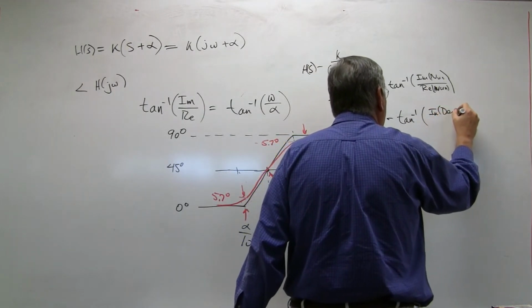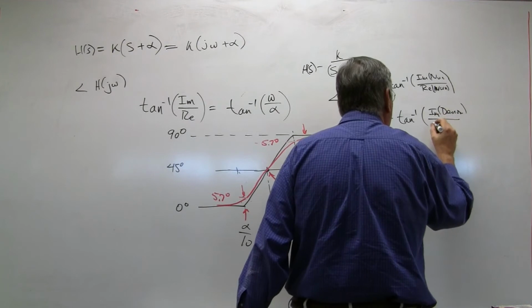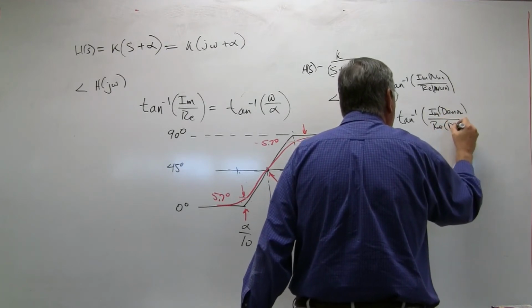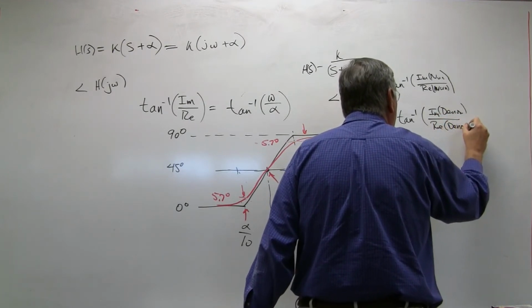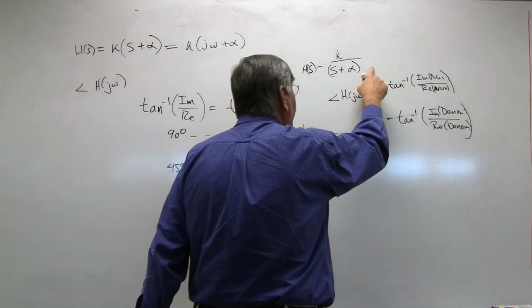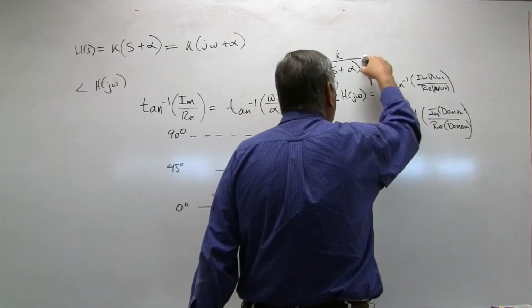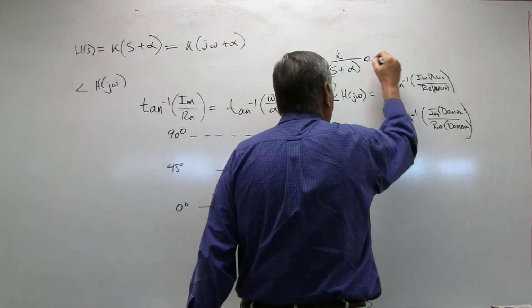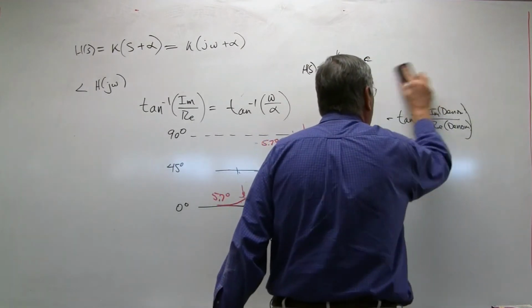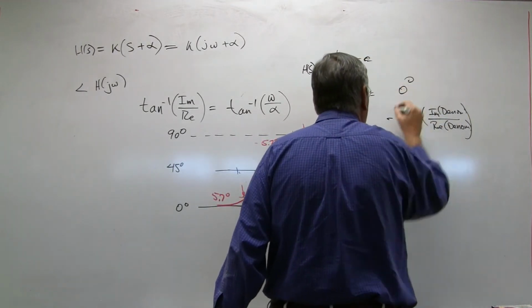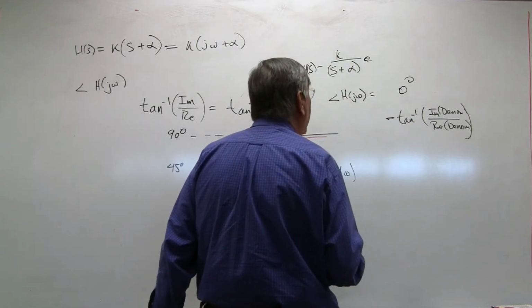Imaginary part of the denominator divided by the real part of the denominator. So when we go to do this, the real part of the numerator in this example is just a constant, so that's 0 degrees, and the phase in this case is just minus the inverse tangent of these guys.